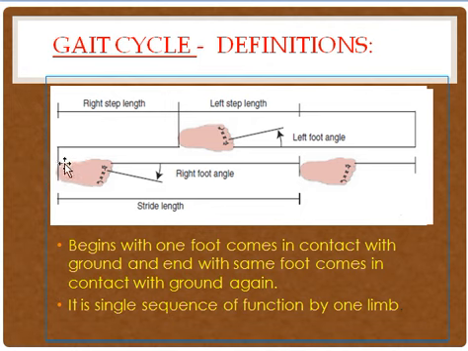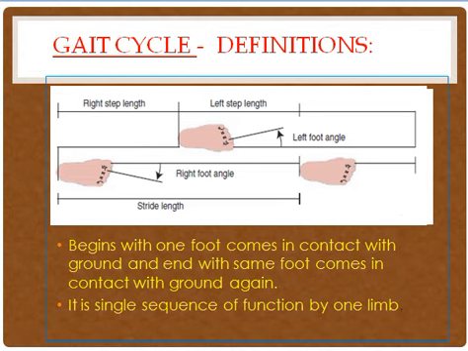This phase is one stride. But the heel strike of the ipsilateral extremity and the heel strike of the contralateral extremity makes one step. So we could say the right step and left step combined make one stride.